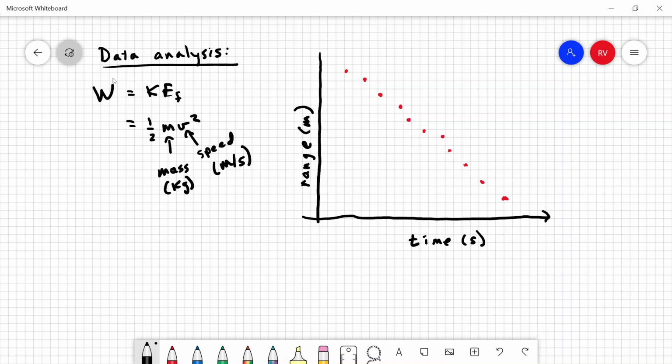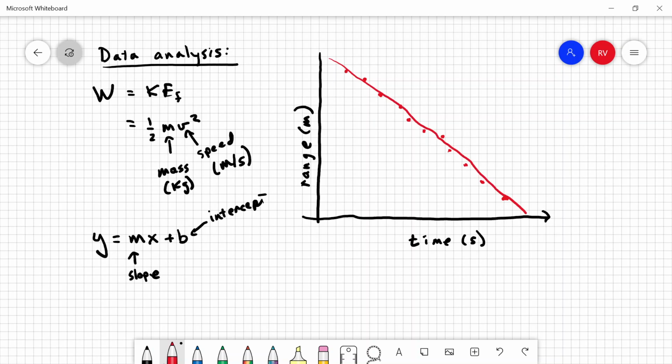We talked a little bit in the last part that if we fit a line, we would say that the function y is equal to mx plus b, where m was the slope and b was the intercept. We walked you through how to do that, and I'll do that again in the next video. If we fit this to a line, this line would have an intercept where it hits the y-axis, and it has a slope.